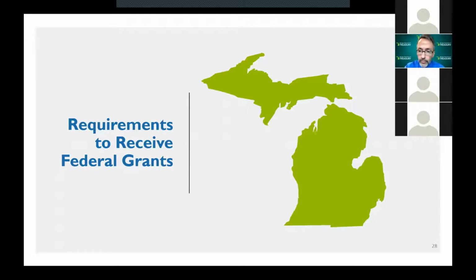You'll need to establish and maintain effective internal control over both your financial reporting and compliance with federal requirements. And like I said, in certain circumstances, you'll have to receive a single audit. So when you receive this federal money, it's not with no strings attached. There are strings attached, and you have to comply with these items.